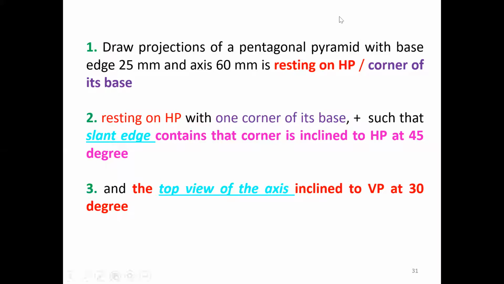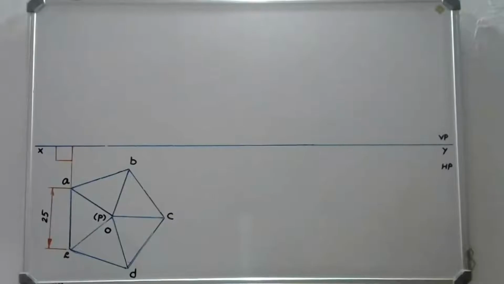Now let's create the simple position, that is the true shape of the pentagon in top view and the corresponding front view. That is our first case. As per the given condition, for the first case, we maintain the regular pentagonal true shape on the horizontal plane such that the slant edge and corner are maintained on the right side.